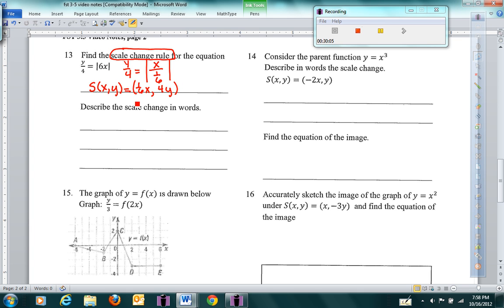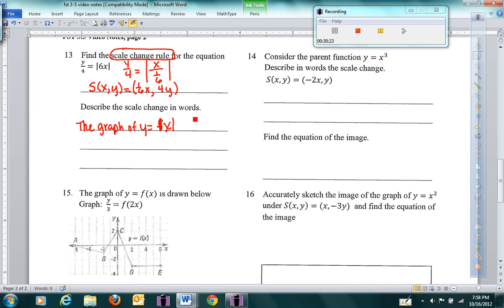So that means we're going to take this graph and we're going to compress it 1/6 as wide. We're going to stretch it 4 times as tall. So you're going to say the graph of y equals f of x. Now let's use absolute value of x.